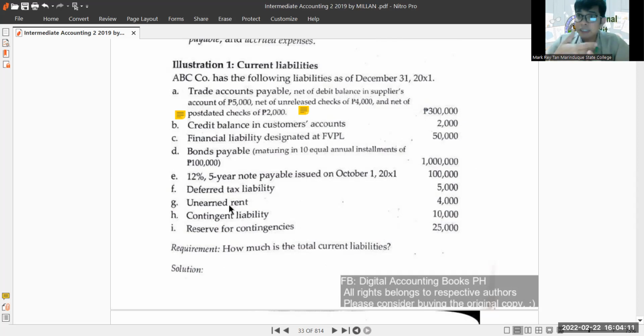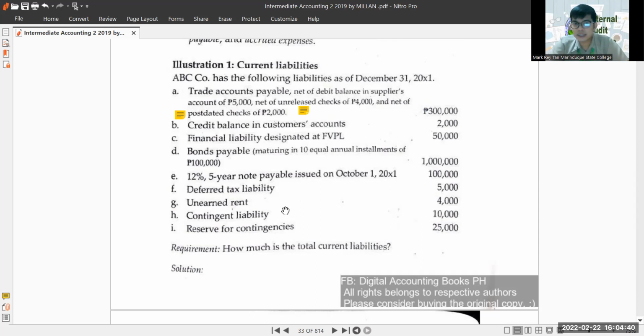Ngayon ay February, nagbayad ako ng renta for March. So that is unearned rent sa point of view nung nagpaparenta. Naka-receive siya agad ng cash, hindi pa niya yun na-earn. So therefore, liability niya yan, which is current. So yung 4,000, that is current liability.